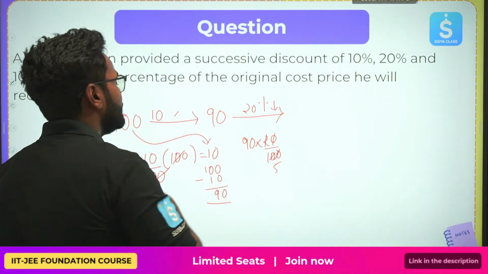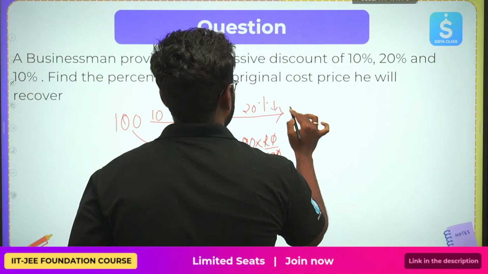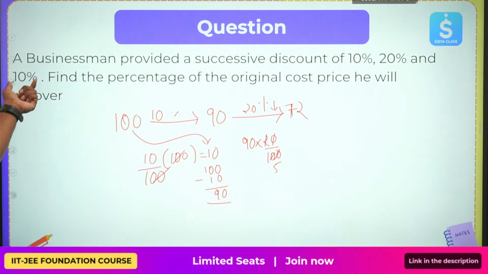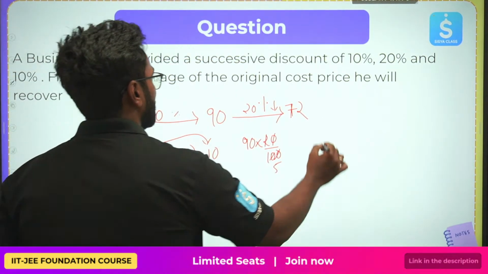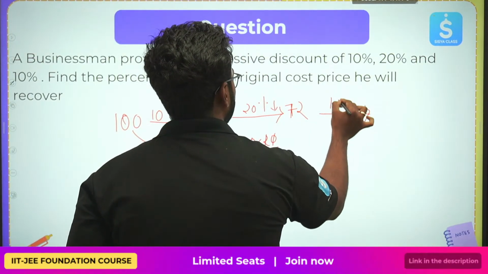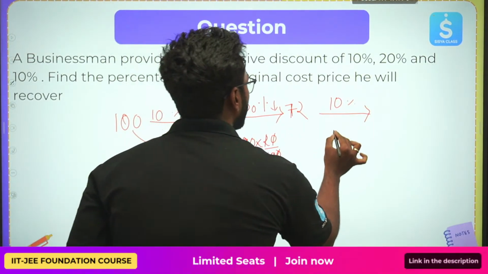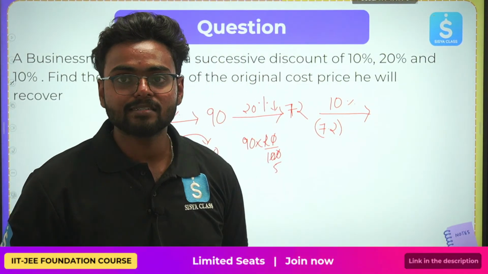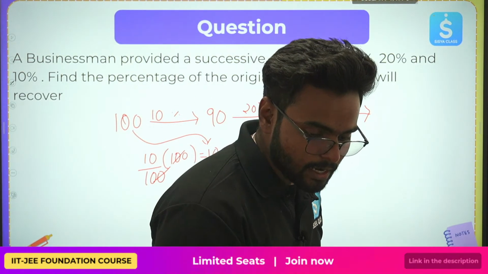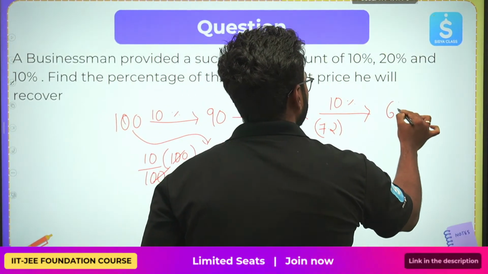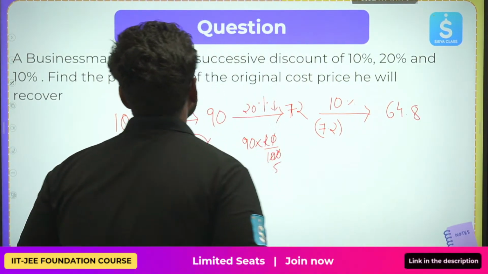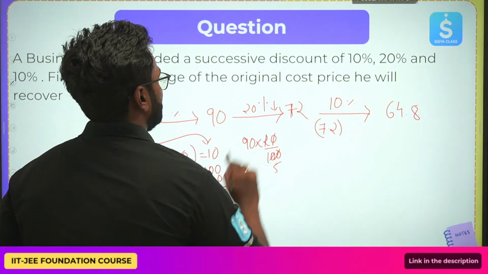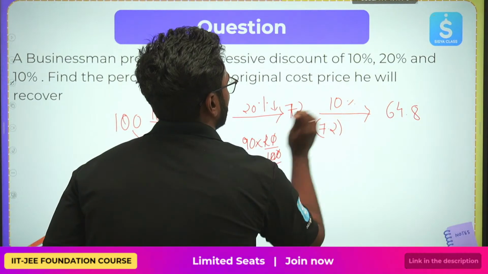I'd be getting 72. Now, after 20%, I again got a 10% discount. After this, the 10% is nothing but 7.2. So, 72 minus 7.2, right? Which would be 64.8. See, successively, I got 10%, I got 20%, and finally I got 10%. So, the final value would be 64.8.